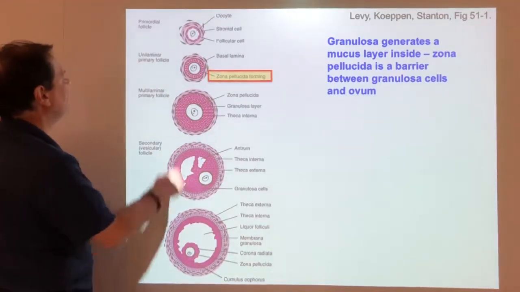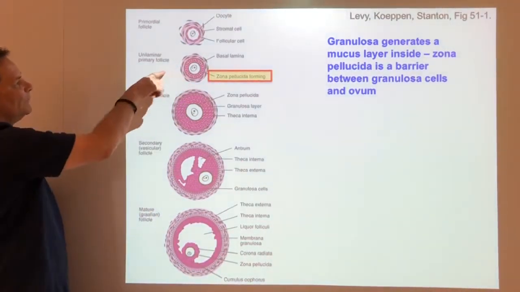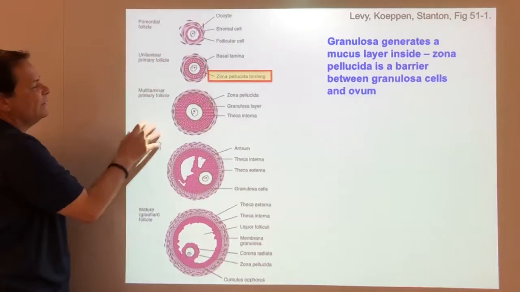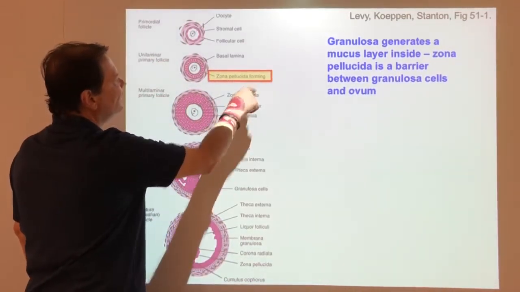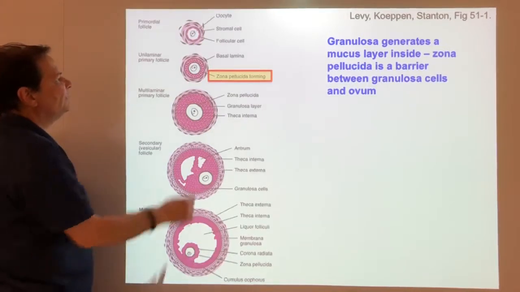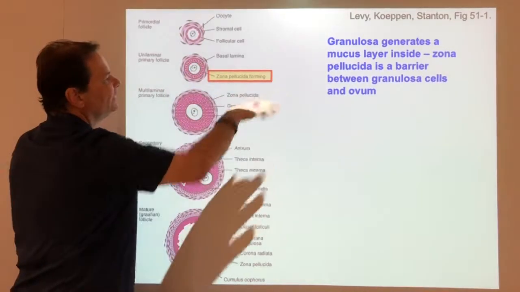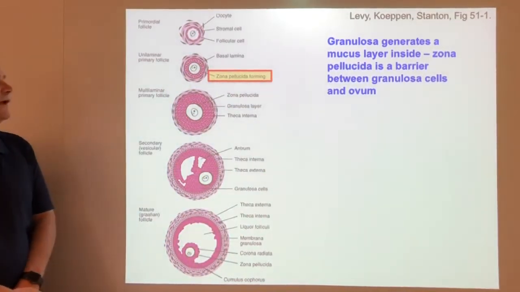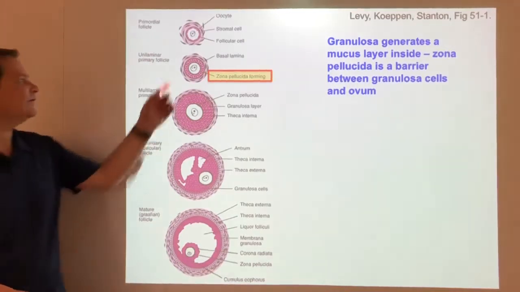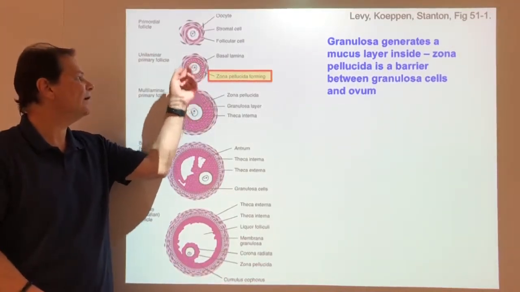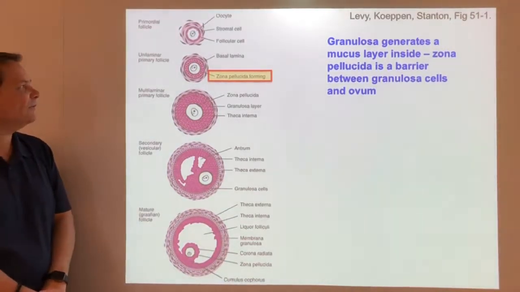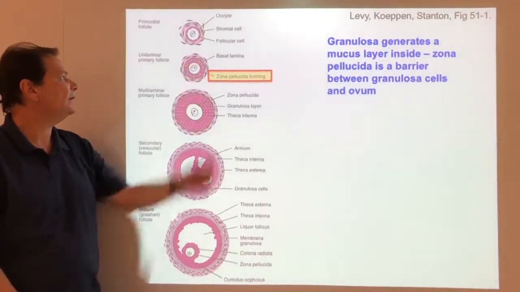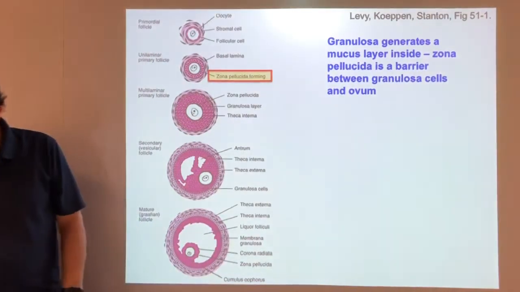As we progress to the primary follicular stage, we have the development of the zona pellucida, which is developed from granulosa cells here. They secrete a mucus layer sort of around the inside of the follicular layer, and this forms a barrier between the granulosa cells here and the ovum here.